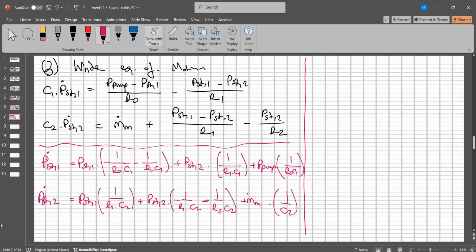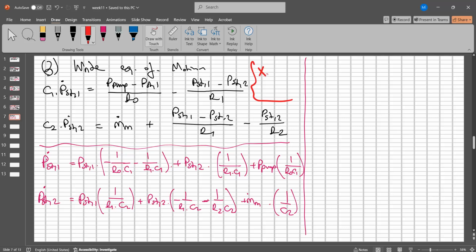But now we can write the state space equation here. What are the states of this form? What is the derivative term here?